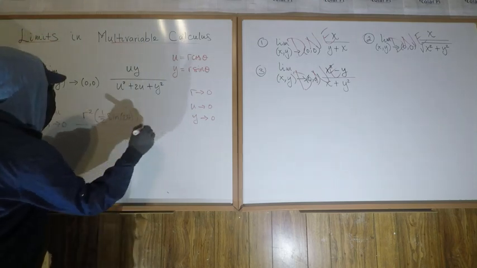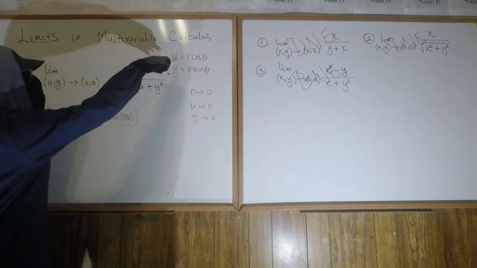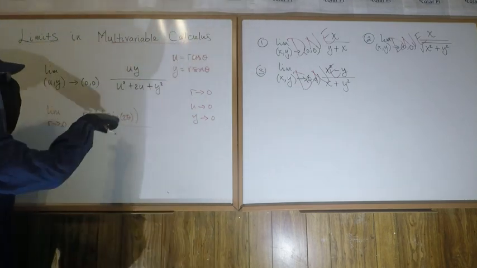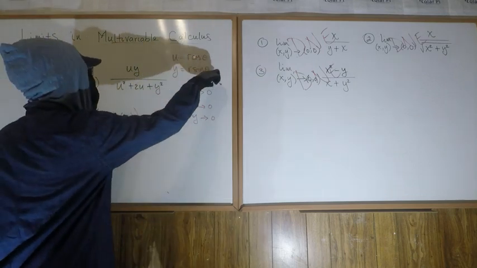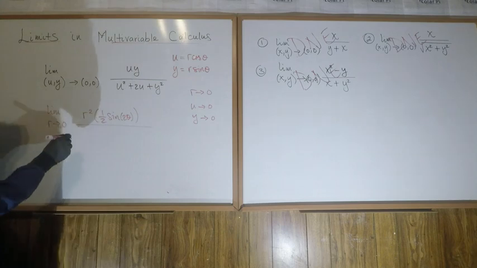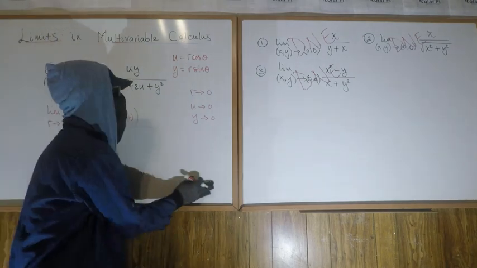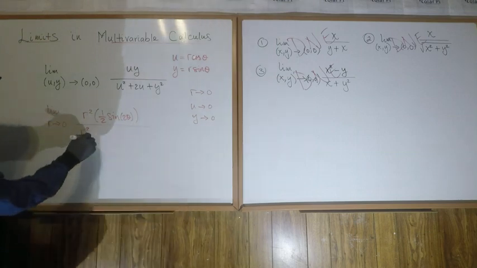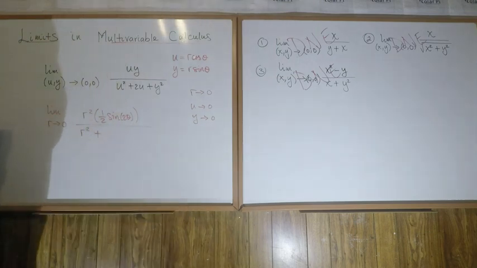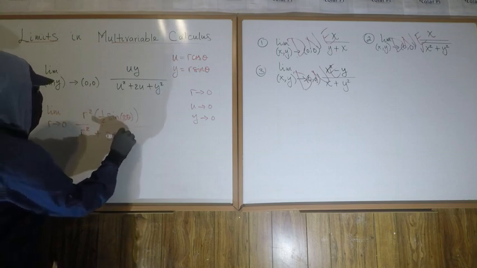Okay, and then in the denominator, we've got u squared is r squared cosine squared theta, and then y squared is r squared sine squared theta. So u squared plus y squared is just going to be r squared by using the fact that sine squared theta plus cosine squared theta is 1. So we've got r squared plus, and then 2u is going to be 2r cosine theta, right?